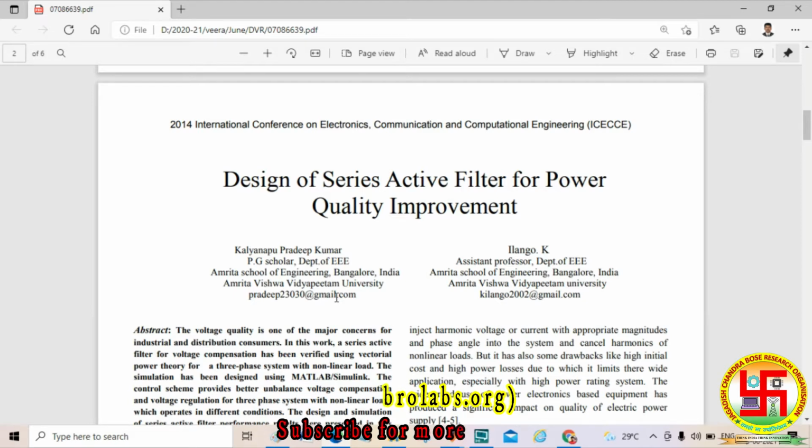Among those FACTS devices, we have the series active filter, the shunt active filter, and a combination of series and shunt, which we can call a UPQC, Unified Power Quality Conditioner. The series active power filter is nothing but the dynamic voltage restorer.